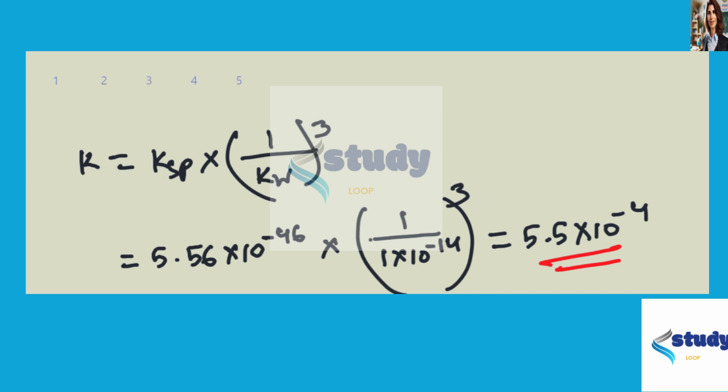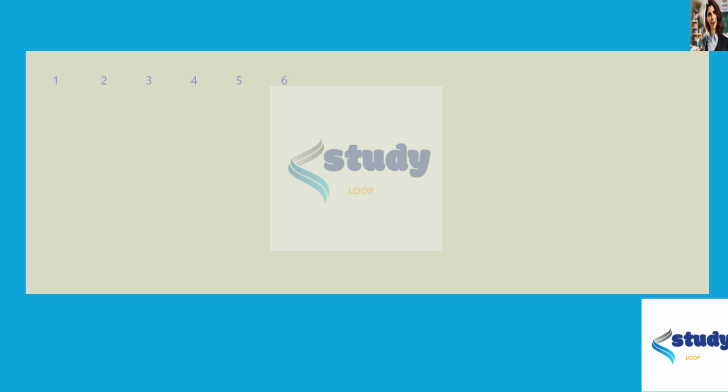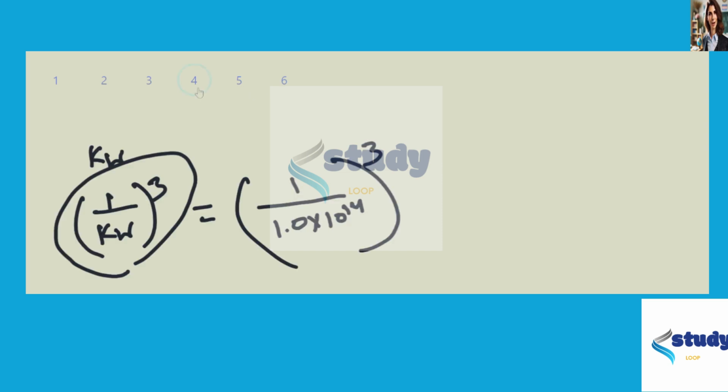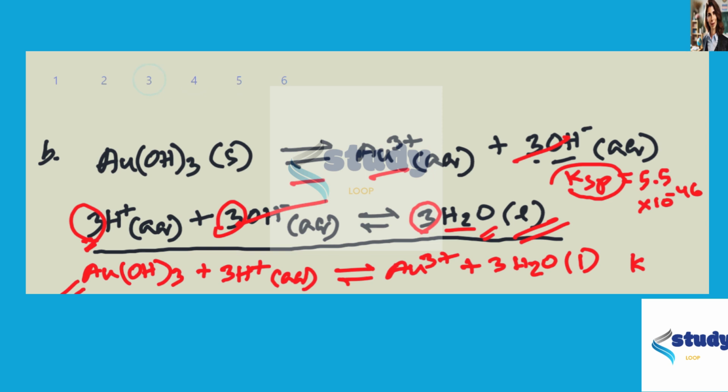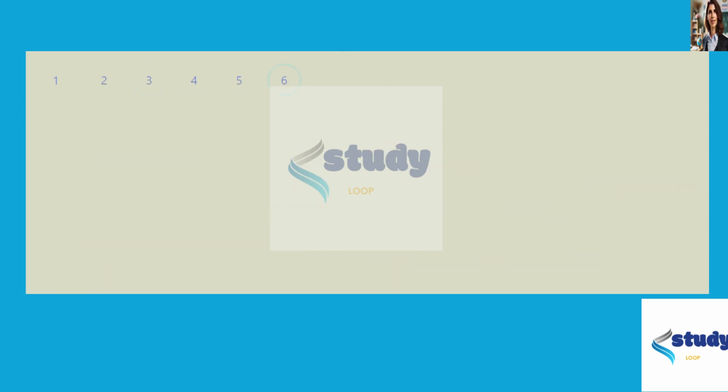Now we have to use this constant to set up the equilibrium constant expression to find the solubility of AuOH3 in nitric acid. So we write this net equation one more time, and we set up an ICE table for it.